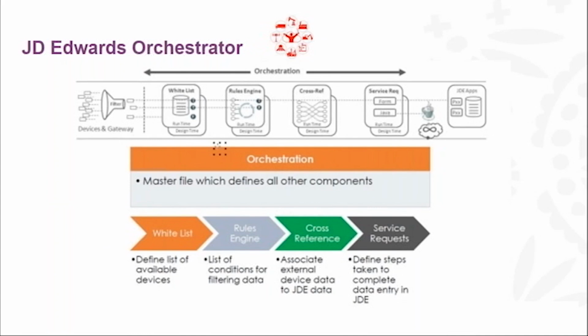The rules engine would contain a set of conditions against which an orchestration input is evaluated to produce a true or false state of an action. The cross-reference would be used to take information from an external system and compare it against the value in JD Edwards. The whitelist provides a second additional layer of security for an orchestration where you can pass or fail an incoming message.